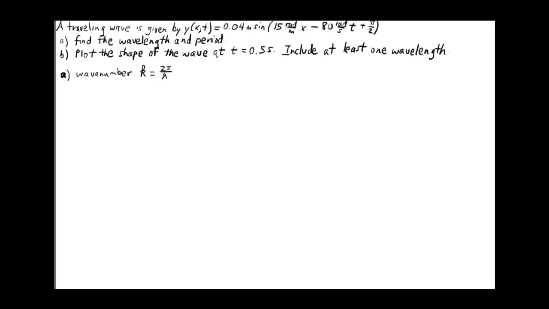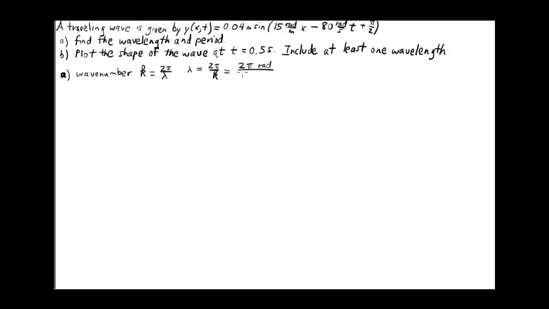And what we're trying to find in this part is the wavelength, so then lambda, the wavelength, is 2 pi over k. And if you remember the general form of the traveling wave equation, k is the coefficient for the x variable. And so we have 2 pi, and I'll go ahead and write down that 2 pi is of course a measure of an angle in radians.